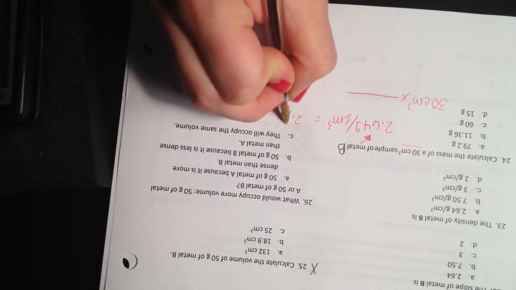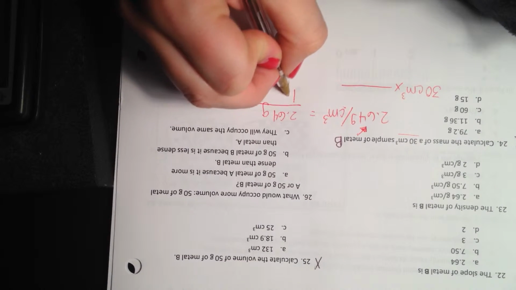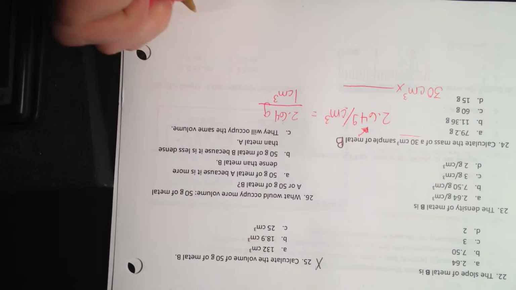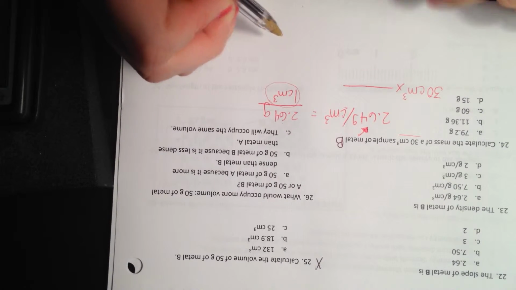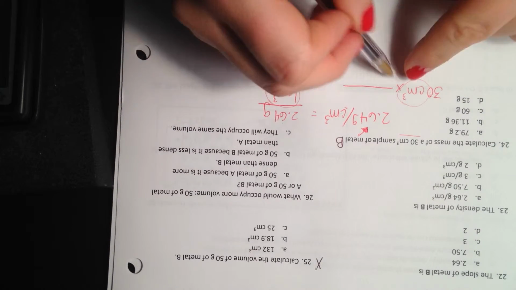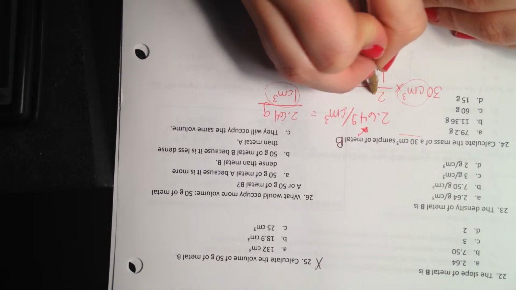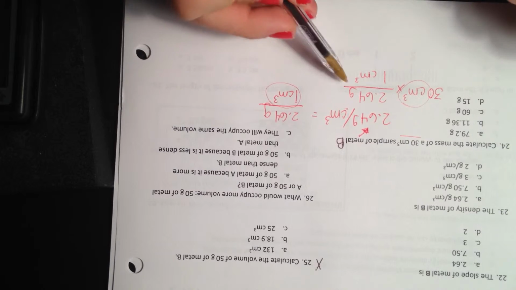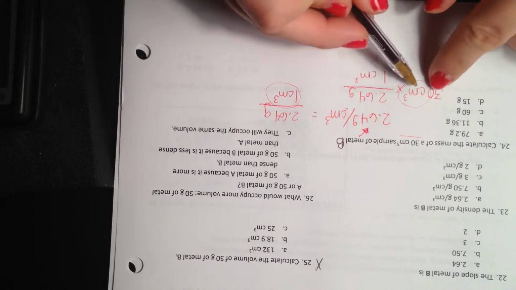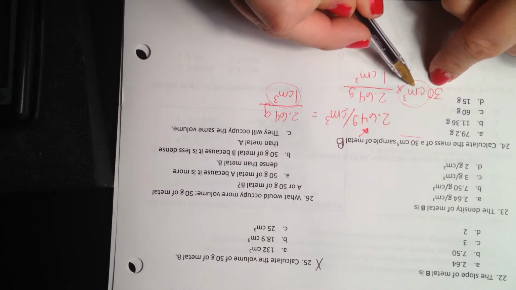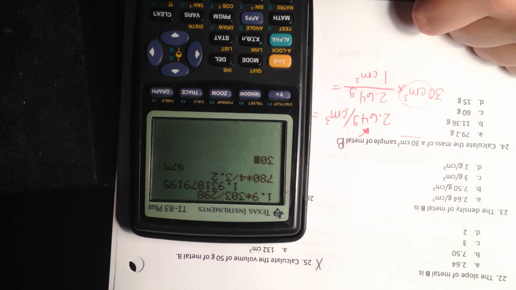It could also be written as 2.64 grams for every 1 centimeter cubed. Remember, we want to put our centimeters kitty corner to each other so that they can cross cancel. For every 2.64 grams, that occupies 1 centimeter cubed. But if we have 30 times that volume, we're going to have 30 times that mass. So you just multiply those out.